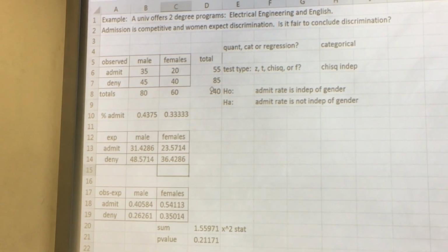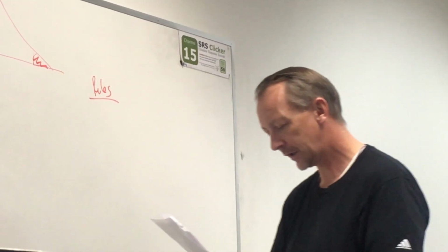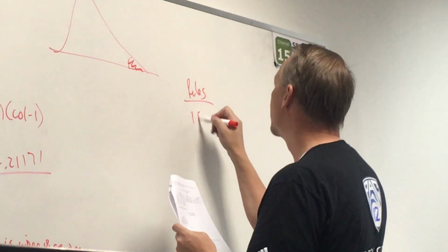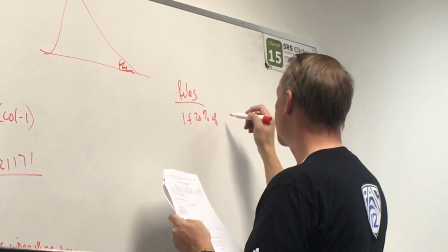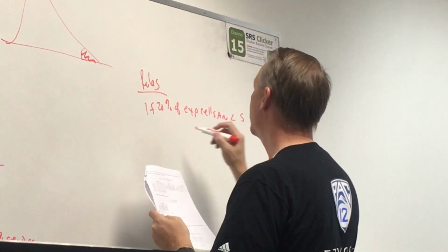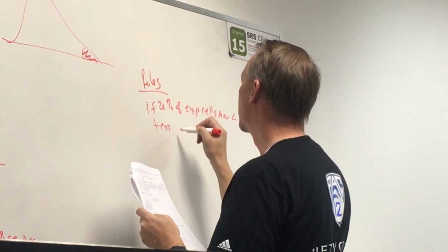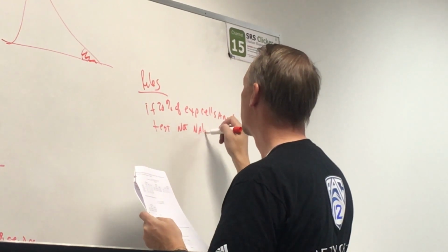Okay? All right, one other thing I forgot to mention. Let's talk about some rules. I actually will thank Josh for this, because you mentioned this at the beginning of class. If 20% of your expected cells are less than 5, the test is not valid.